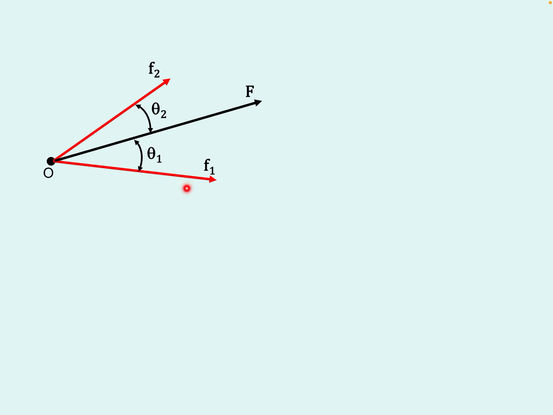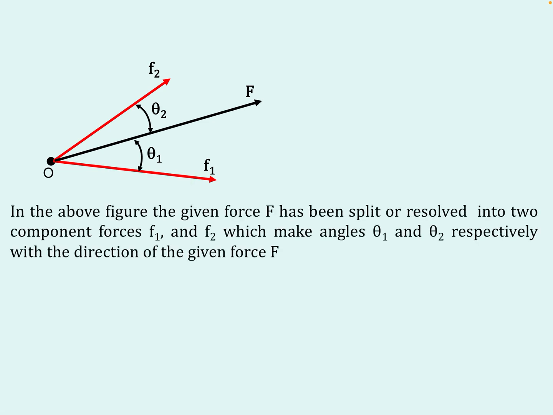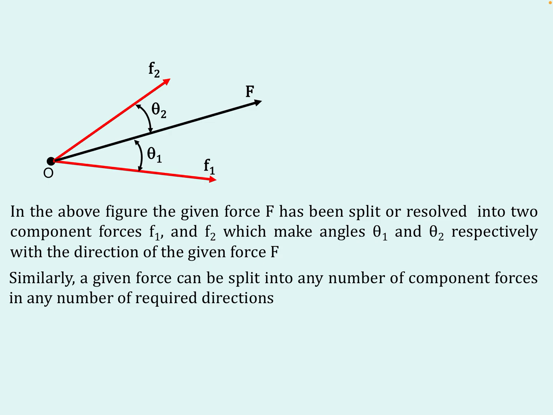That is why we don't try to split them into component forces in arbitrary directions. Then which is the suitable method? You can see in the next diagram. F represents a given force acting on a particle or body O. Through this point of application of the force, I am considering one horizontal line, which I call the x-axis, and another axis, which is our y-axis.